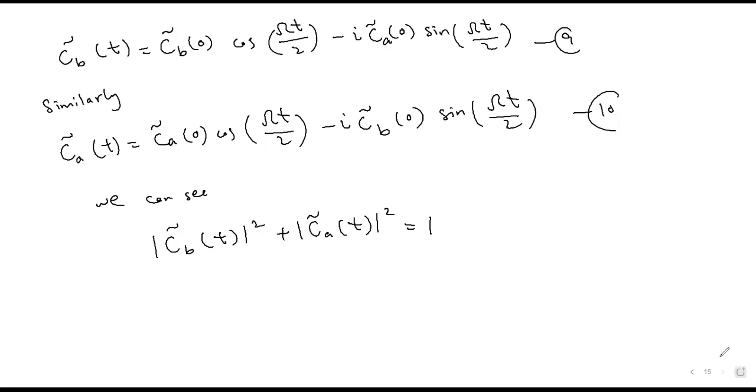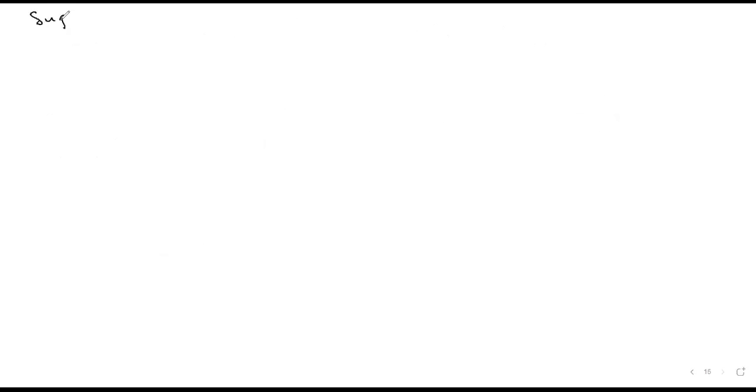Okay. Now suppose that we start with an atom in the lower state. Then Ca of 0 will be 1, while Cb of 0 is equal to 0. Since this is our lowest state and this is our initial state, the atom is in this state, so this will correspond to 1, and this will have no atoms. So this condition at t equal to 0 will just be 0.